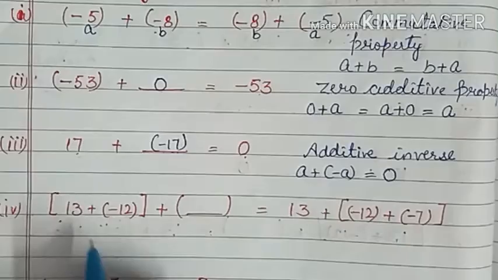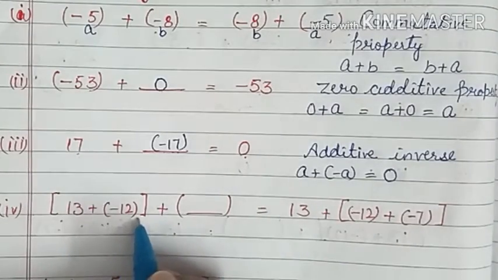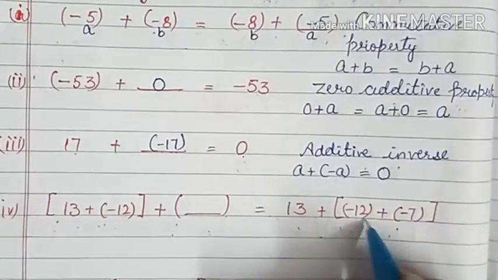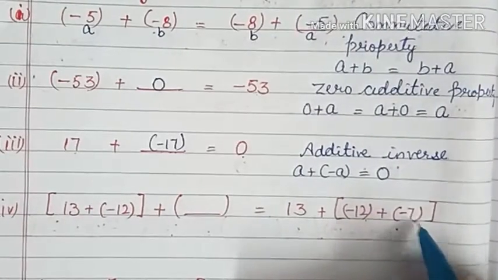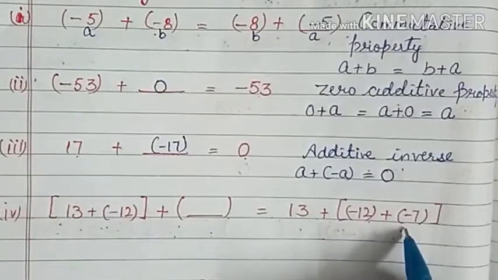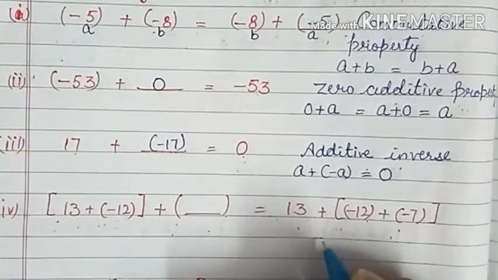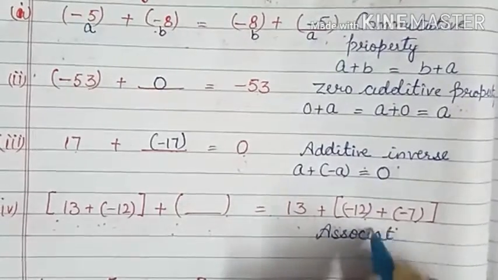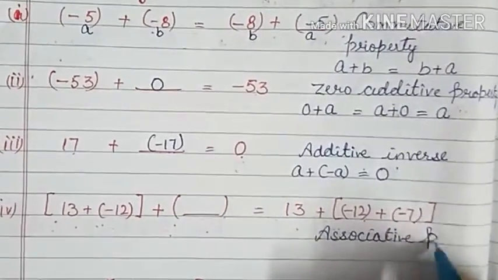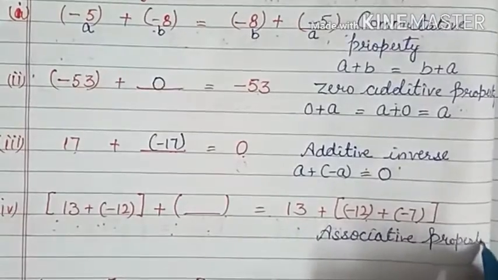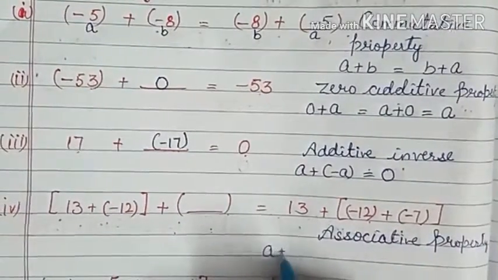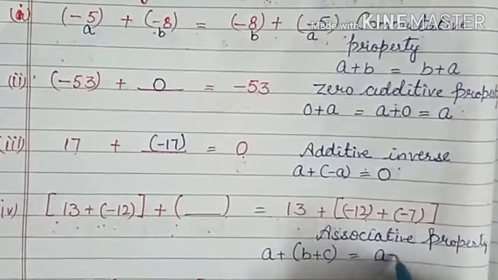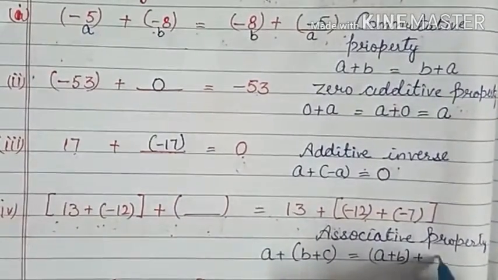The fourth part is 13 plus minus 12 plus dash equal to 13 plus minus 12 plus minus 7. So here we are given 3 integers, and for that we will observe the associative property. According to this property, if we have 3 integers, then (a plus b) plus c will be equal to a plus (b plus c).